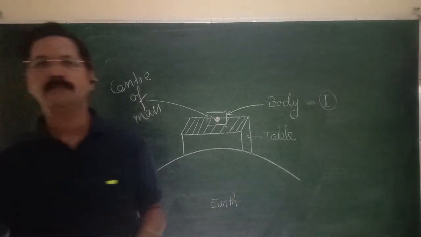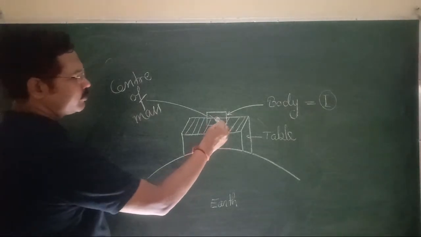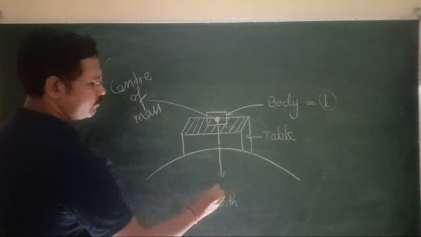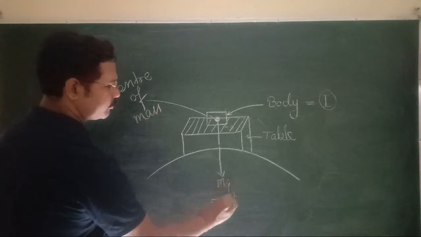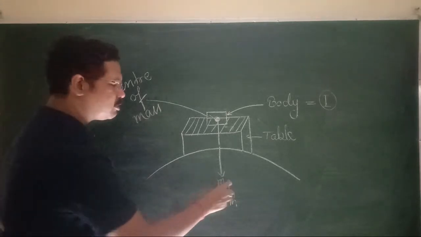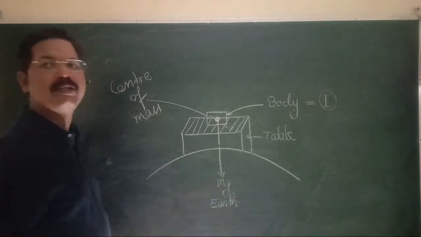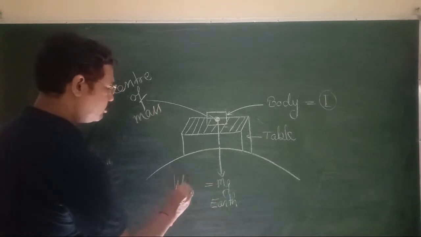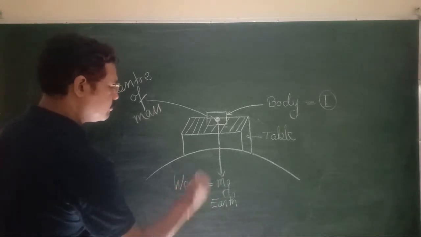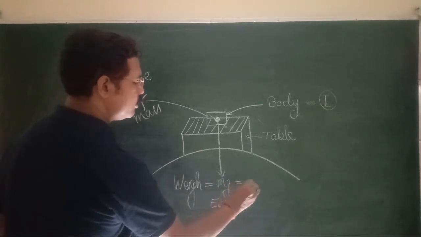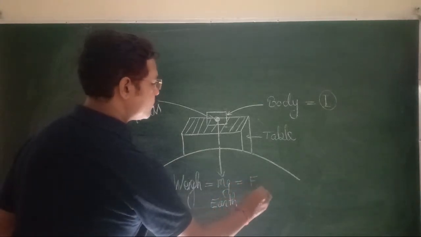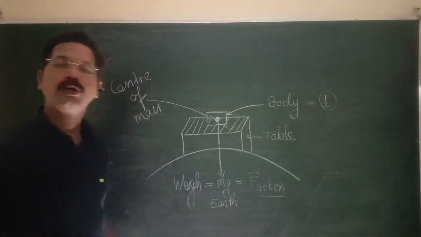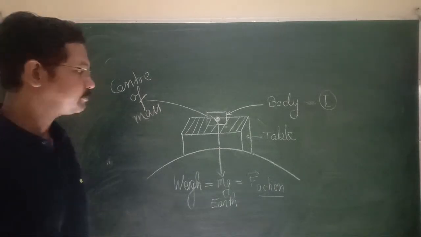So on the center of mass, the earth applies a force of action, and this force of action is mg, mass into acceleration, where g is the acceleration applied by the earth. This is also called weight. You know, mg is weight. This is also called the force of action applied by the earth on my body, on the navel, on the center of mass.